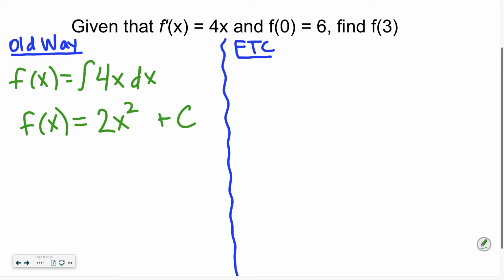When we take an indefinite integral, we have to remember our plus c. We didn't have to do that on the quiz yesterday, on your rules quiz, but that's really been it for a while. Then, if we know that f of 0 is 6, we can use that to find c. So when we plug in 0, f of x is 6. So what is c?